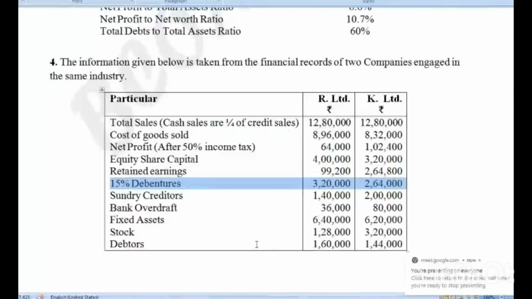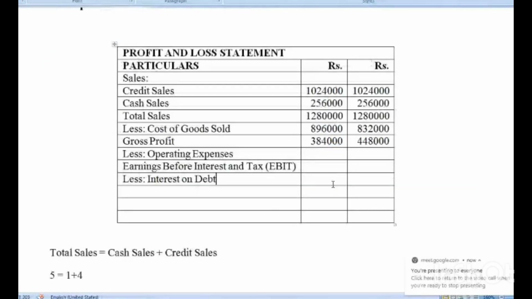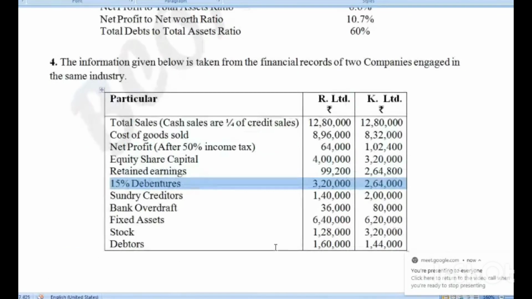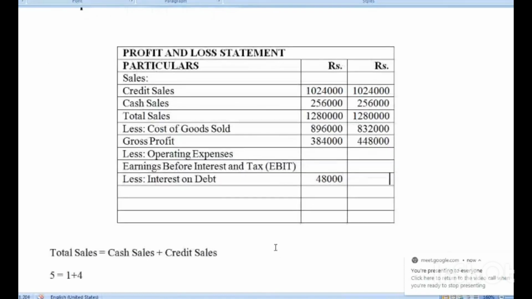What is the answer? 48,000. In the same way, 15% of 2 lakh 64,000 is 39,600. Okay.